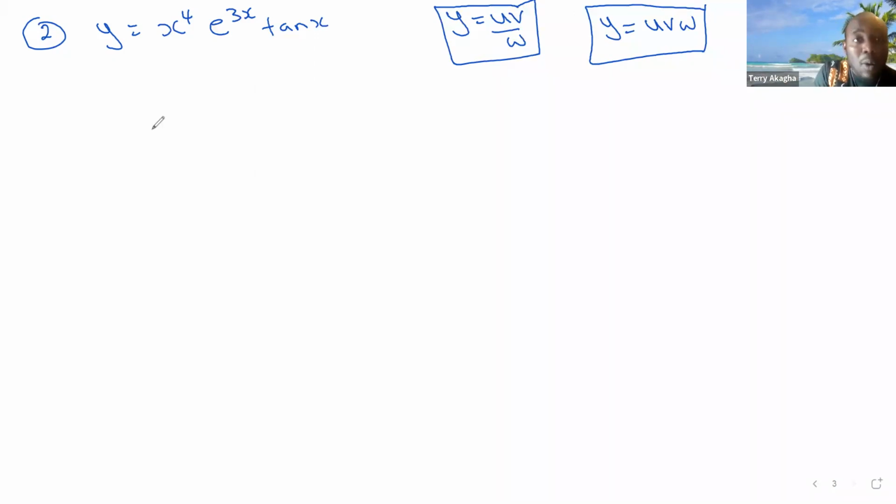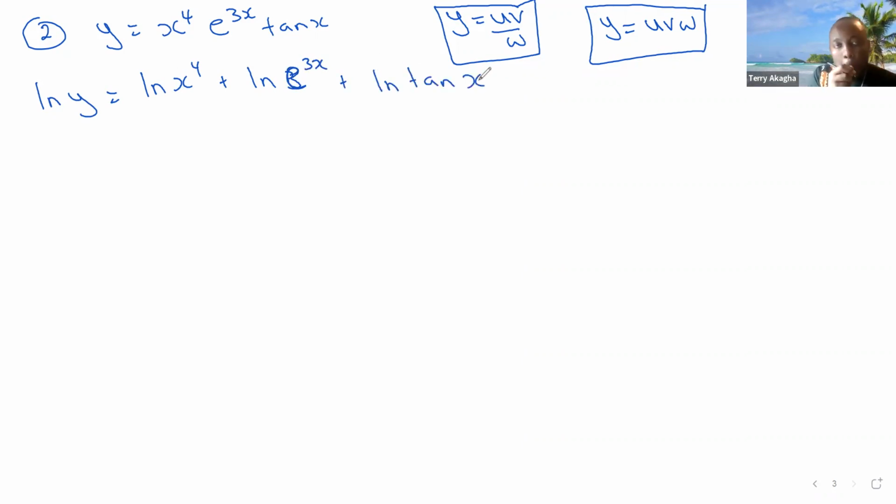So that means ln y will be equal to ln x raised to the power 4 plus ln e to the 3x plus ln tan x. Can you see? So we now differentiate.